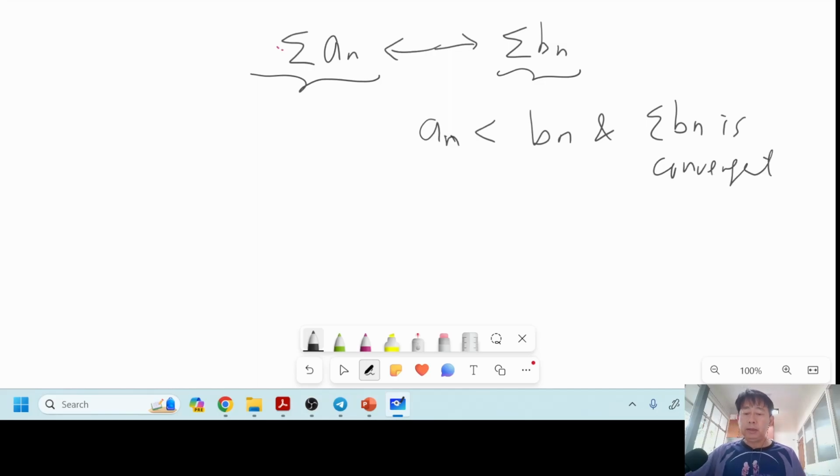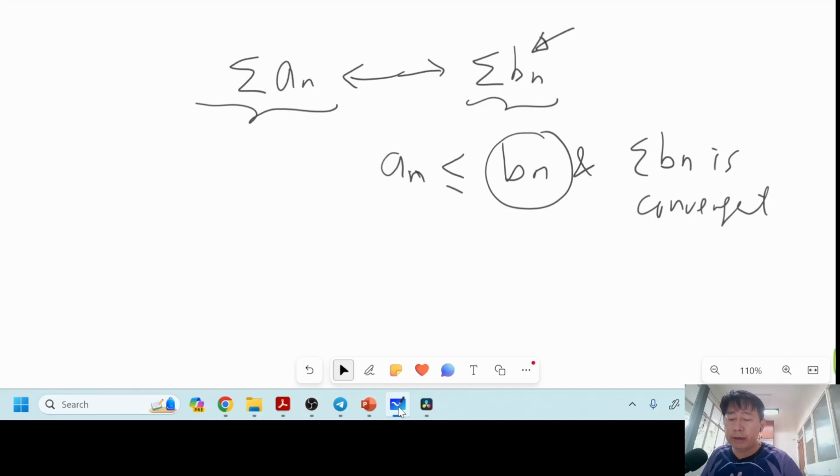By the existence of another convergent series Bn whose terms are all larger than or equal to the terms in AN, then by virtue of the comparison test, you will be able to use the convergence of Bn as an indication of the convergence of AN.